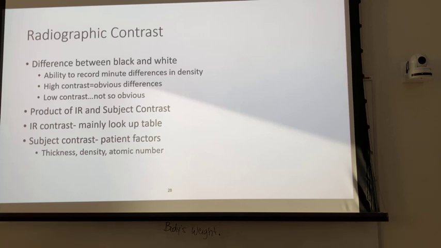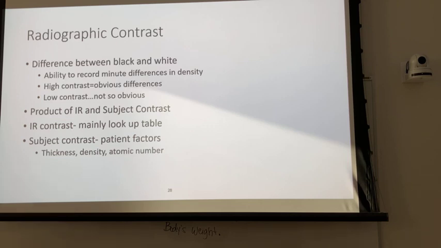So the higher the bit depth, the more shades of gray that you can record. If you have high contrast, it's very obvious differences. If you have low contrast, it's not so obvious, but yet at the same time with that great bit depth, it makes those contrast levels not only available to you, but you can see those minute differences.